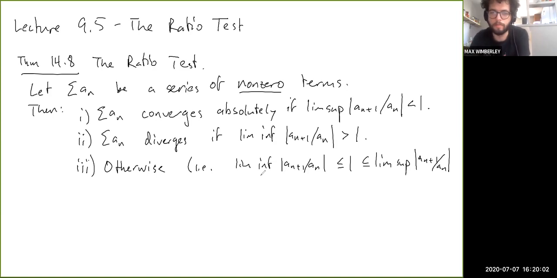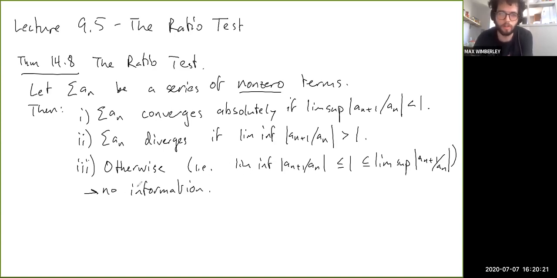So this is the situation where neither of the above cases applies. Then there's no information.